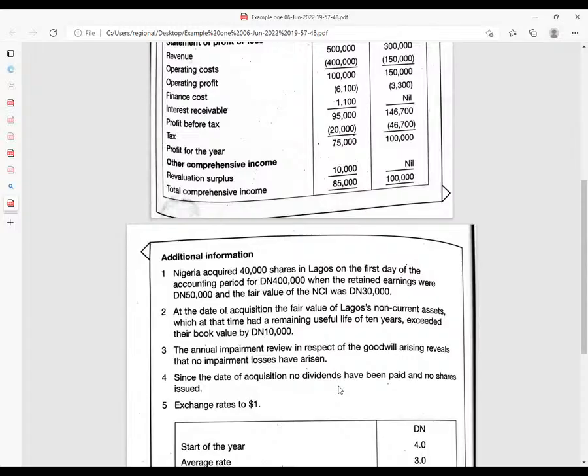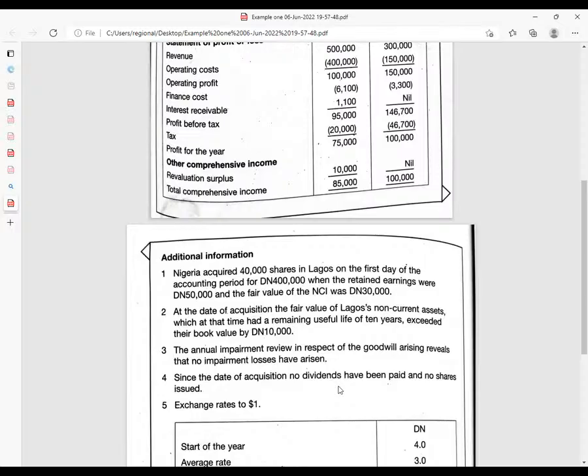At the date of acquisition, the fair value of Lagos non-current assets, which at that time had a remaining useful life of 10 years, exceeded their book value by DN 10,000. The annual impairment review in respect of the goodwill arising reveals that no impairment losses have arisen. Four, since the date of acquisition, no dividends have been paid and no shares issued.